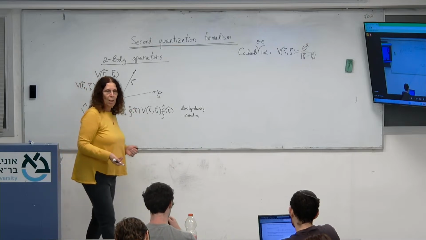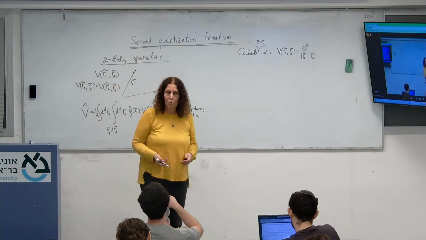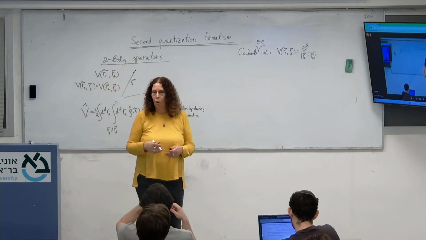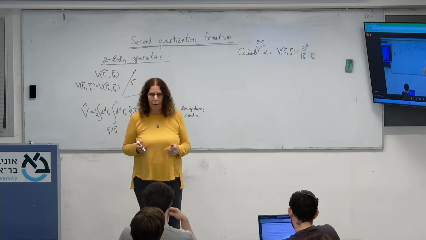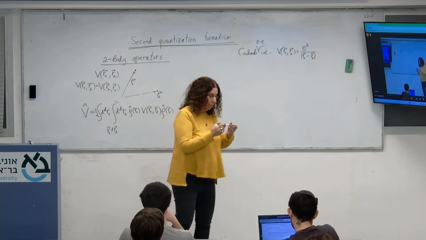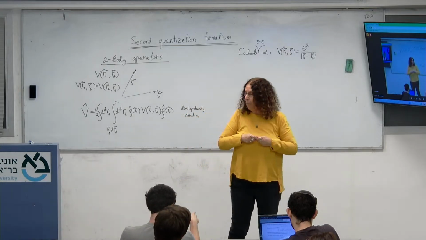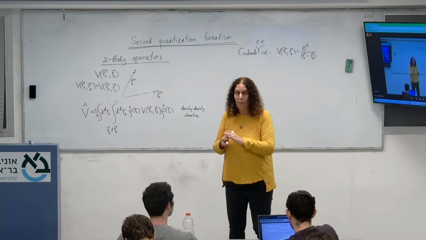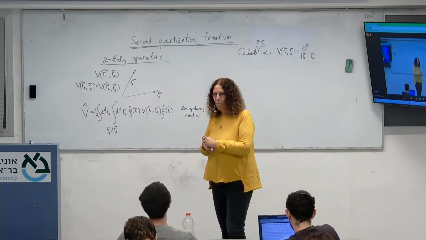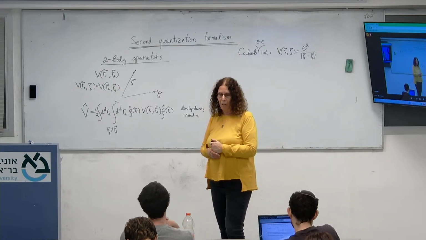For example, if you have charged particles and you have local currents, there is a current-current interaction, right? In the Hamiltonian of charged particles, if they're moving in a conductor, you can have a term that is a current-current interaction.